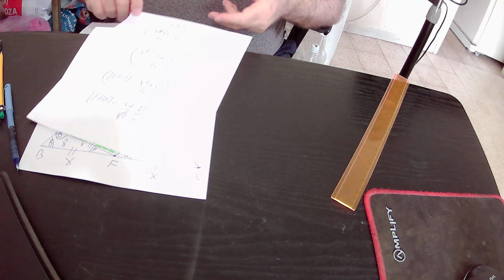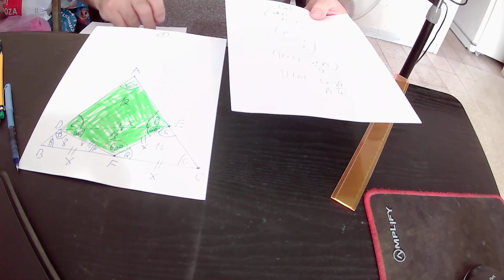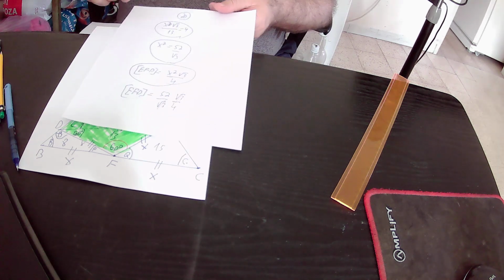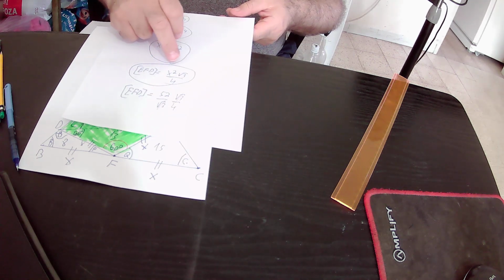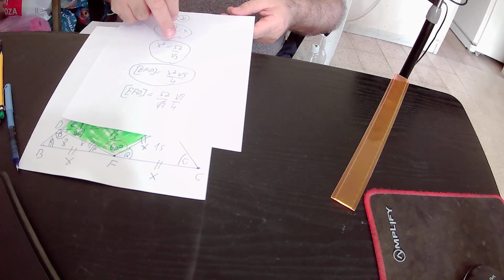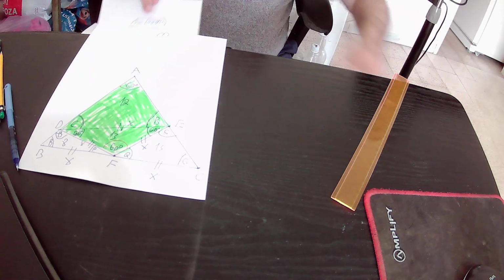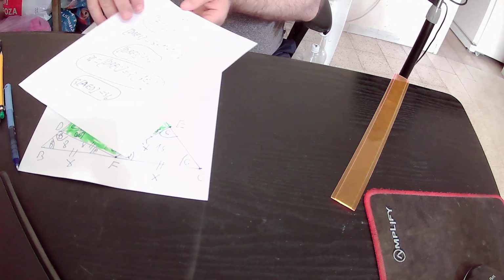And then we calculated the area of the equilateral triangle EFD. The area of the equilateral triangle EFD equals x squared times root 3 over 4, but we have already found out that x squared equals 52 over root 3, and we substituted it, and we found out that the area of triangle EFD equals 13 square units.